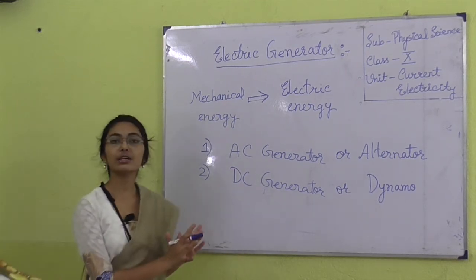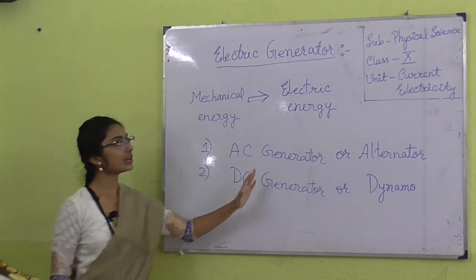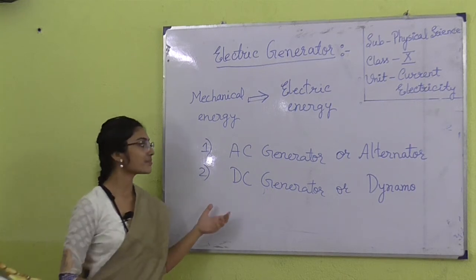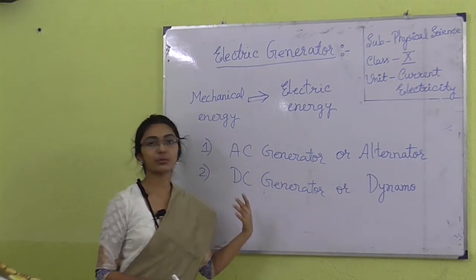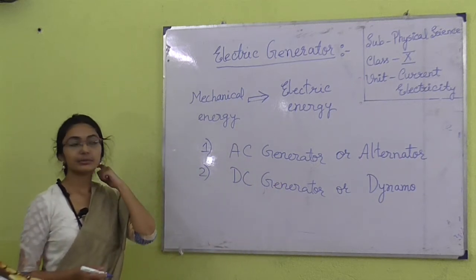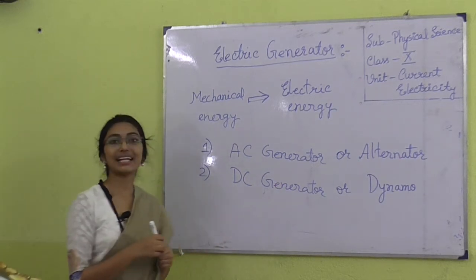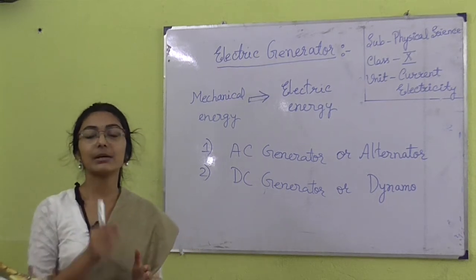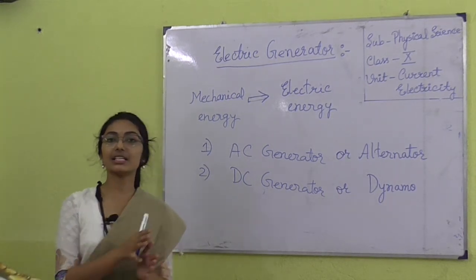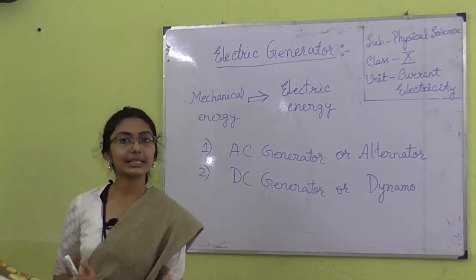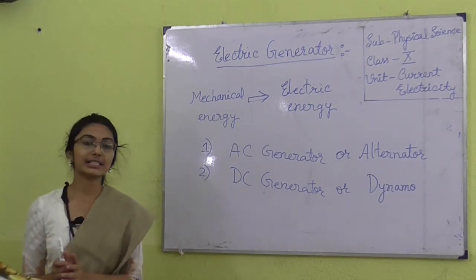There are two types of generator: the AC generator or alternator that produces only alternating current, and the DC generator or dynamo that produces DC currents. In an alternator, the coil rotates in a magnetic field, and as the magnetic field lines pass through the solenoid, an EMF is generated.